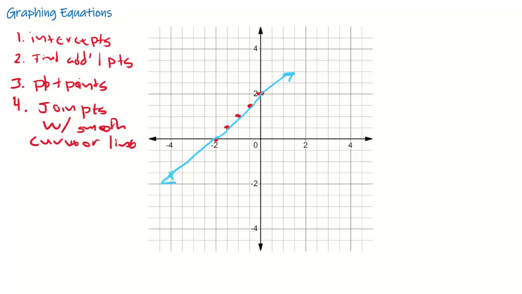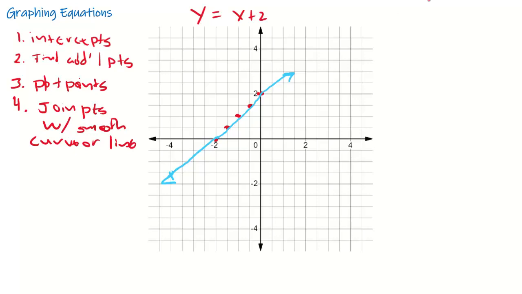Keep in mind that you would technically need an equation for this. The equation that corresponds to the one we have right here is y equals x plus 2. You might wonder, how did I know it's going to be these points?